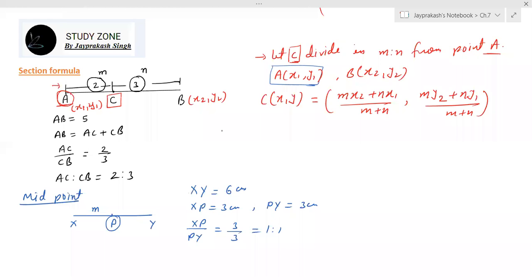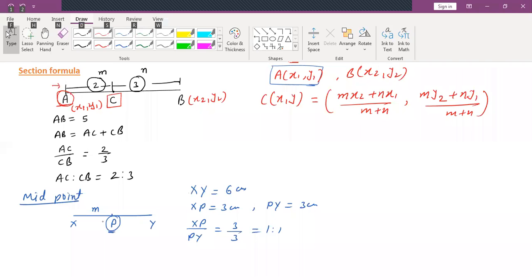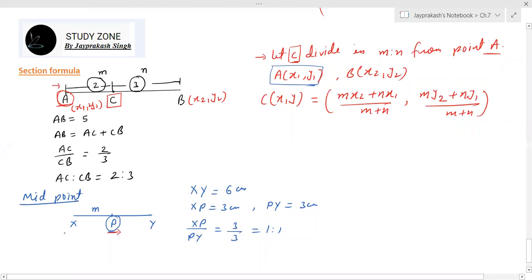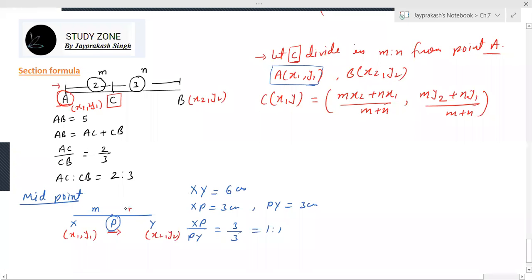Suppose we have to find the coordinate of point P. I have to find the coordinate of point P. So if I want to find the coordinate of point P from X, we have to consider this one as x1, y1 and Y I have to take as x2, y2. So this side is the m ratio and the PY is the n ratio.